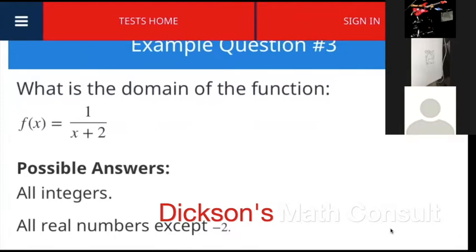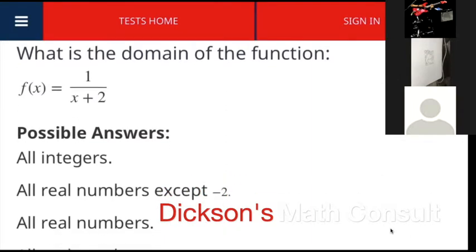So what is the domain of the function f of x is equal to 1 over x plus 2? Now the possible answers, I'll explain the first one. When we say all integers, we know that integers are positive and negative whole numbers.